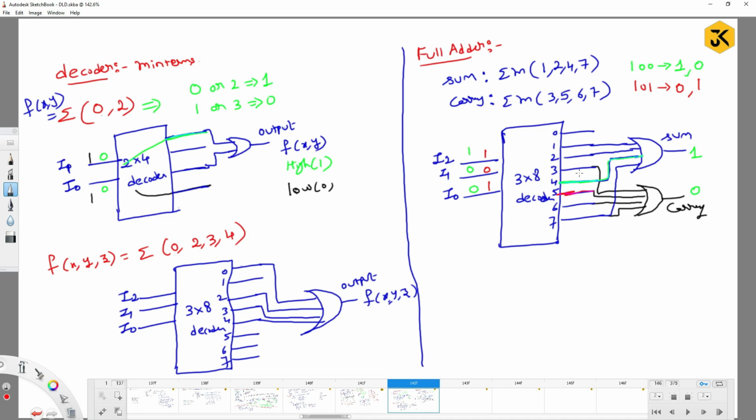Coming to the carry, at this particular line you get high voltage, so here you get the value 1, and as no connections are there at the sum, you get the value 0. Similarly, for the coming class, try to do the half adder, half subtractor and full subtractor.